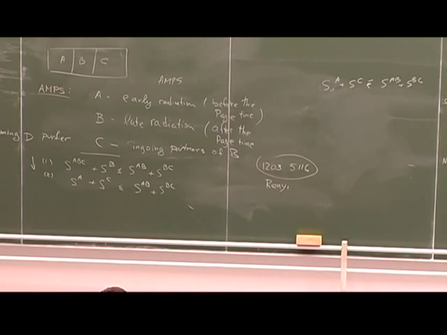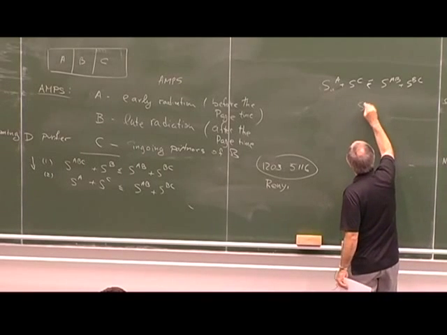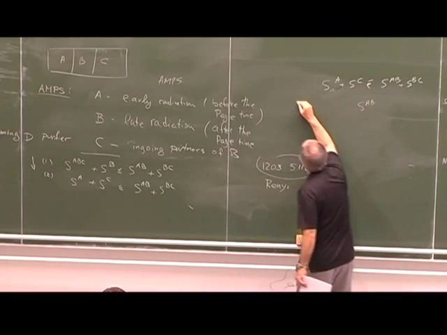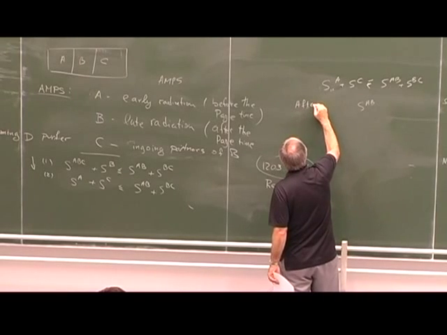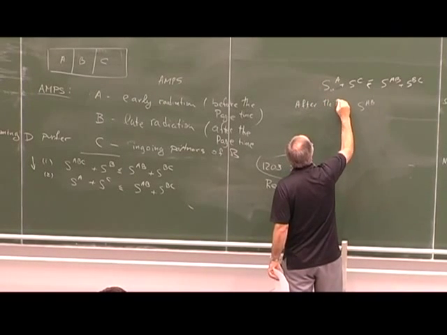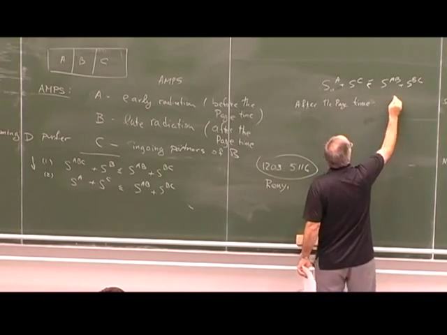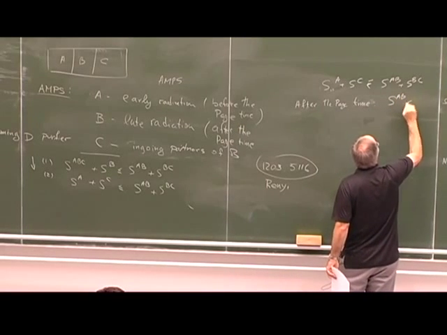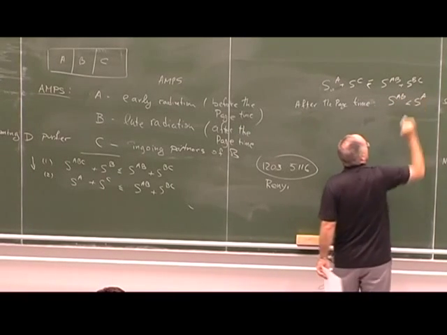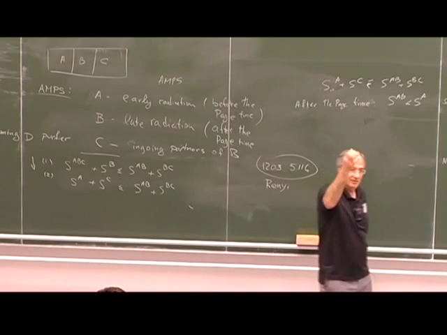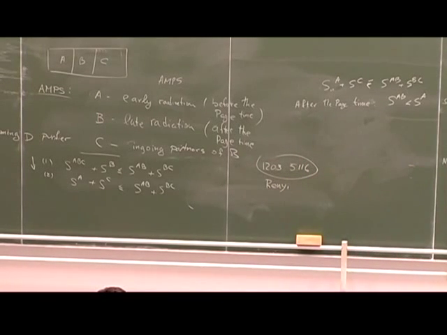So this means that SAB, after the page time, should be less than SA, because SA is the entropy of the radiation, and if it continues to grow, the radiation will never purify.